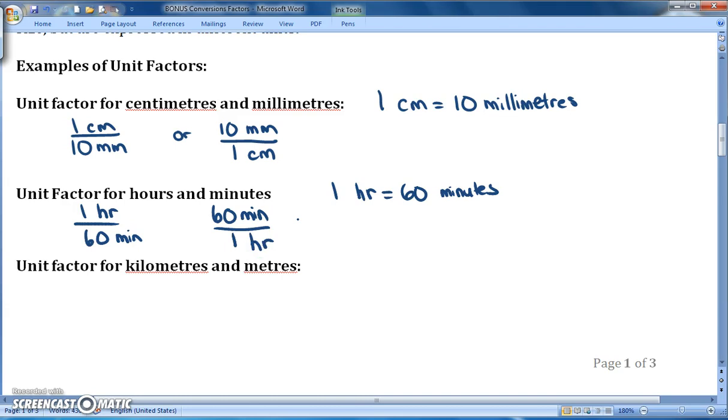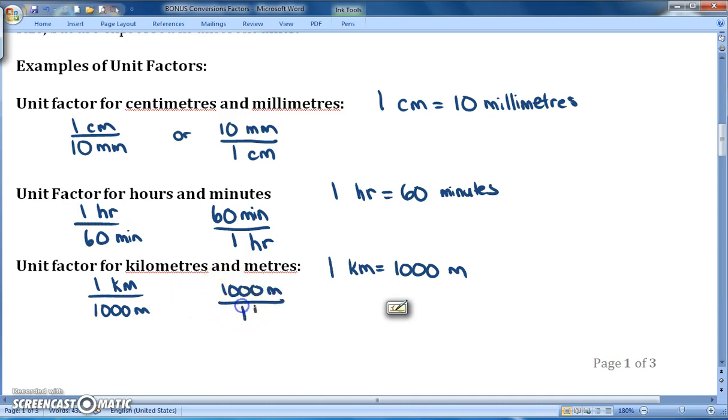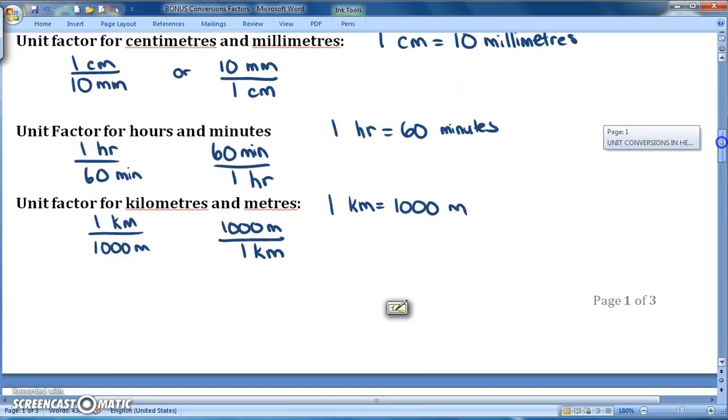The unit factors for converting between kilometers and meters use the fact that 1 kilometer is equal to 1,000 meters. Using this information, we can write the unit factor 1 kilometer over 1,000 meters or 1,000 meters over 1 kilometer.